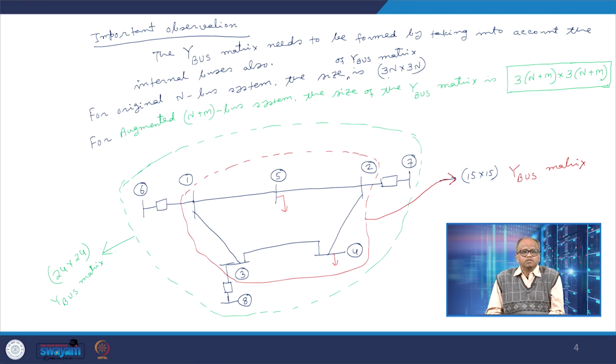Now, even if there is no load connected at bus 1, please note that when we are doing this augmented matrix, we are essentially shifting the generators at bus 6 and bus 7 to bus 8. So as far as bus 1 is concerned, there is no load connected. Even if there is no load connected, I still know the load quantities there, which is 0.